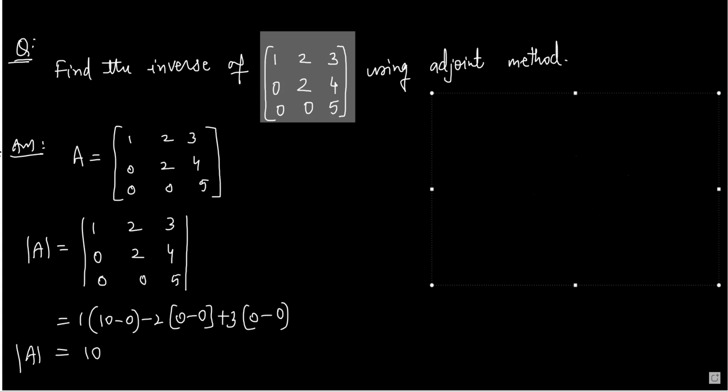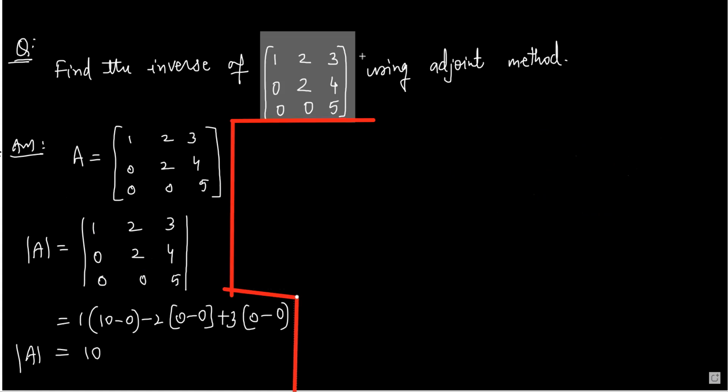I will write here that determinant of A is not equal to 0. See, it is not 0. Therefore, A is a non-singular matrix, and therefore A inverse exists.